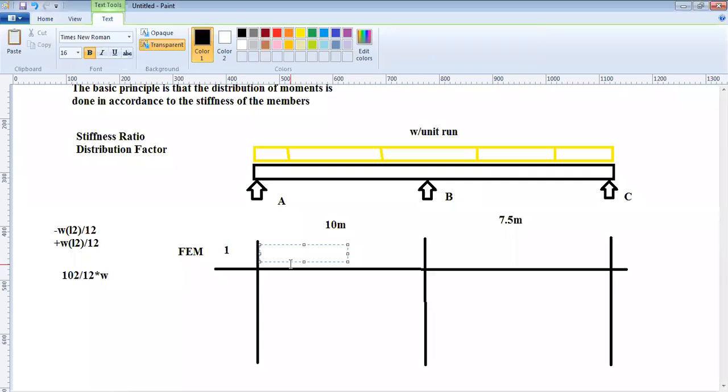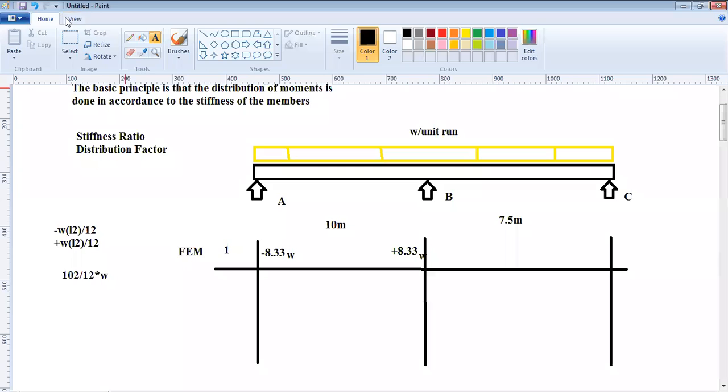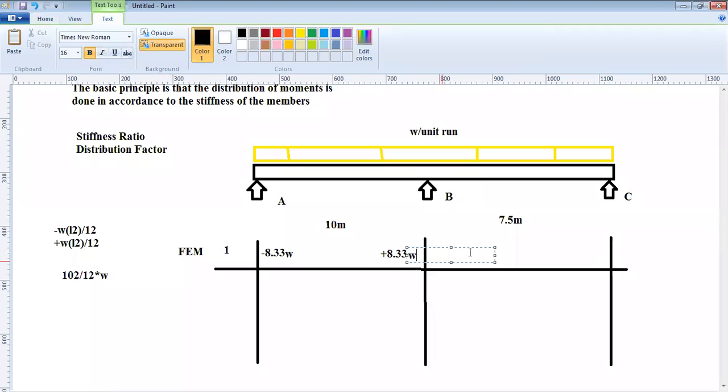So this is minus 8.33. What will be the value here at end B? It will be plus WL square by 12, that's plus 8.33. But this will be into W, and this is also into W.